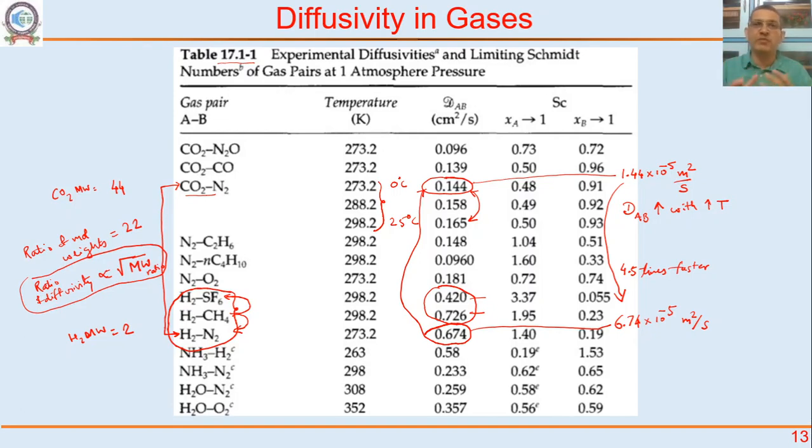There is not much space to move as compared to if people are there. There is a lot of space to move about. So that's the reason why this behavior is observed. So notice that the diffusivity depends not only on the component that is diffusing, but also the medium in which it is diffusing. Right. So that is with respect to diffusivity in gases.